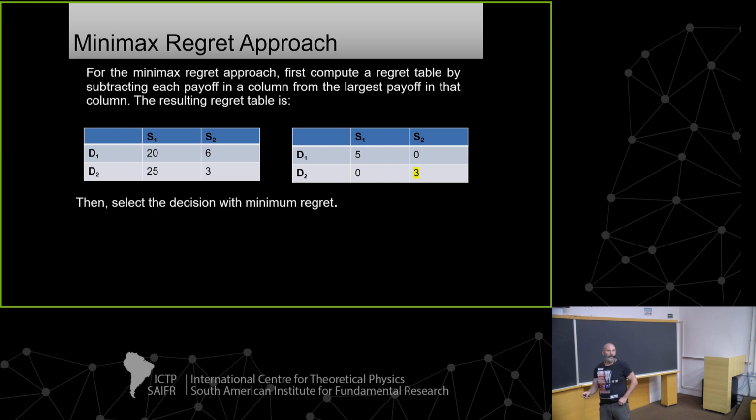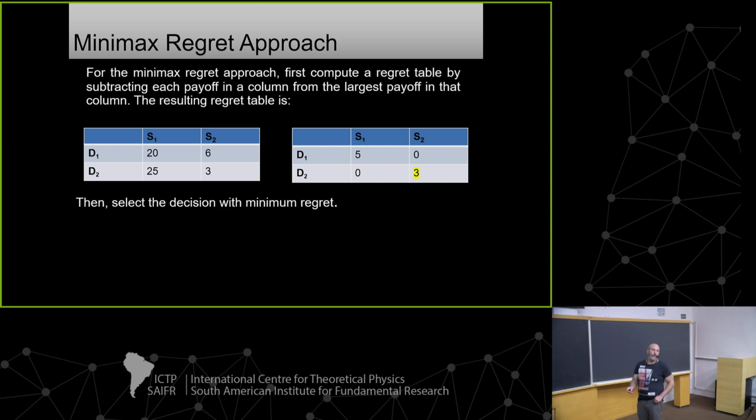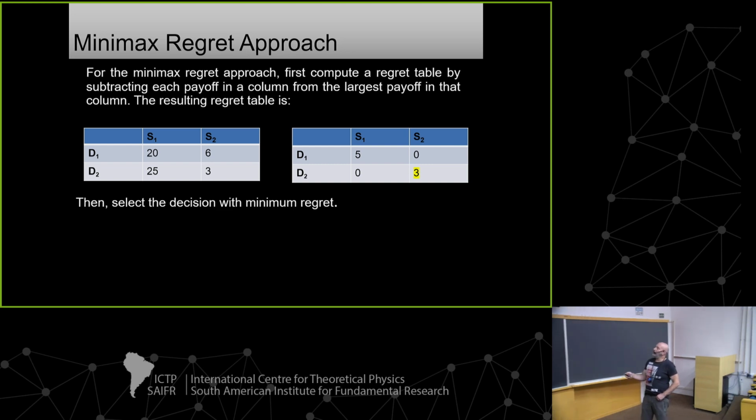In this case, there are only two decisions. Yes. But what if there is a third decision? You do the same. You always choose the one that has the lowest regret. And maybe just to avoid the confusion, it's not that you are choosing this one, you are choosing this one, okay?